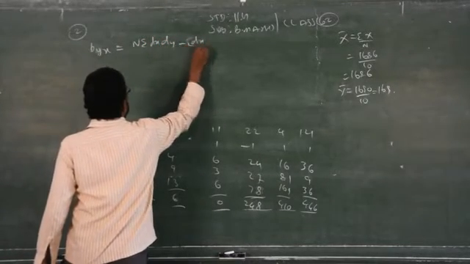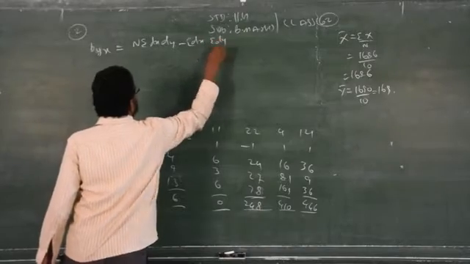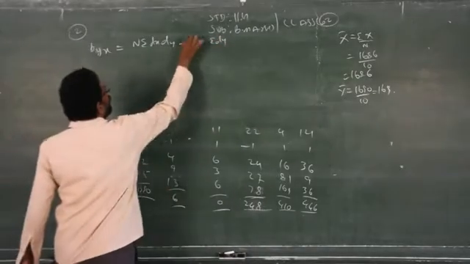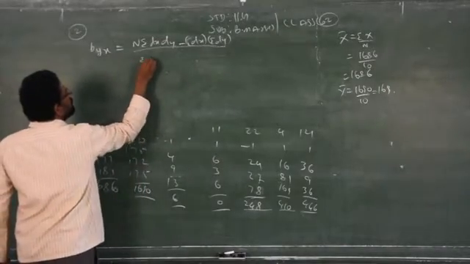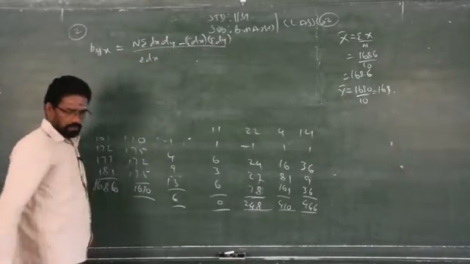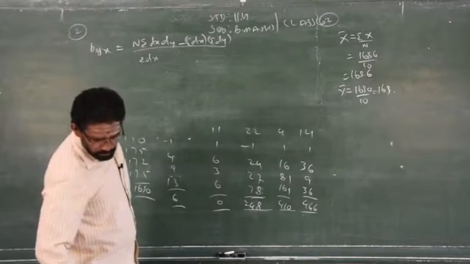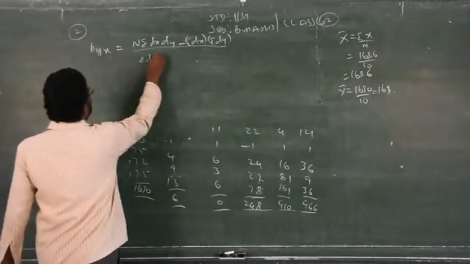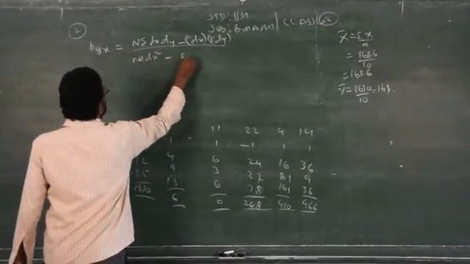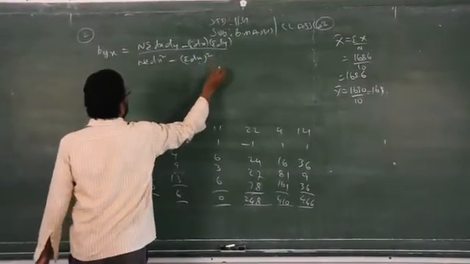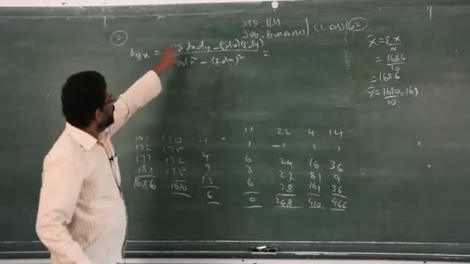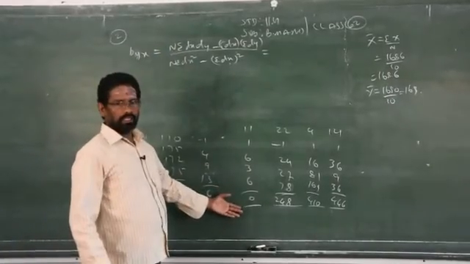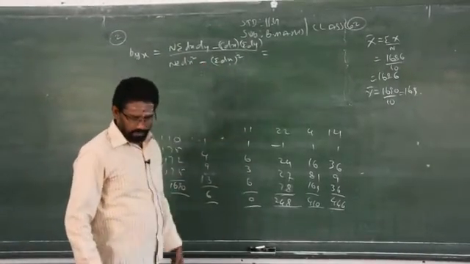So n into summation dx dy minus summation dx summation dy, by n into summation dx square minus summation dx the whole square. You have to substitute the relevant values that you found already in the tabular column. Just substitute, you will get the answer.